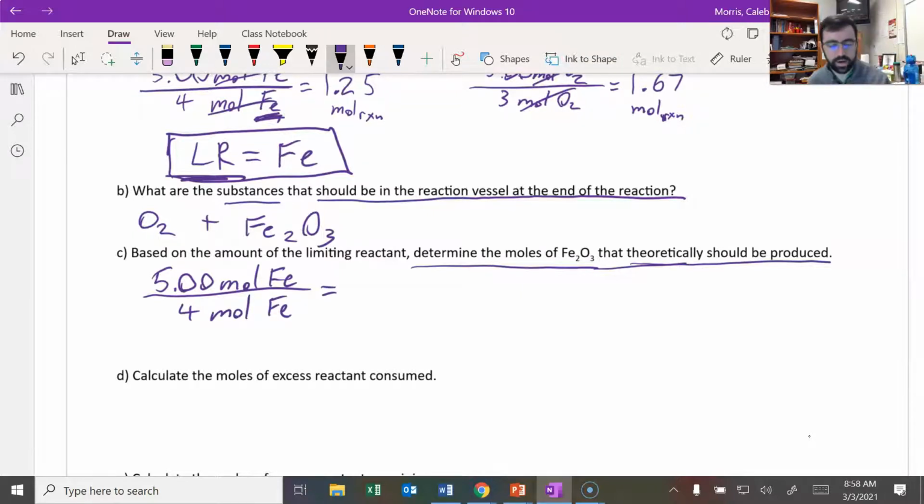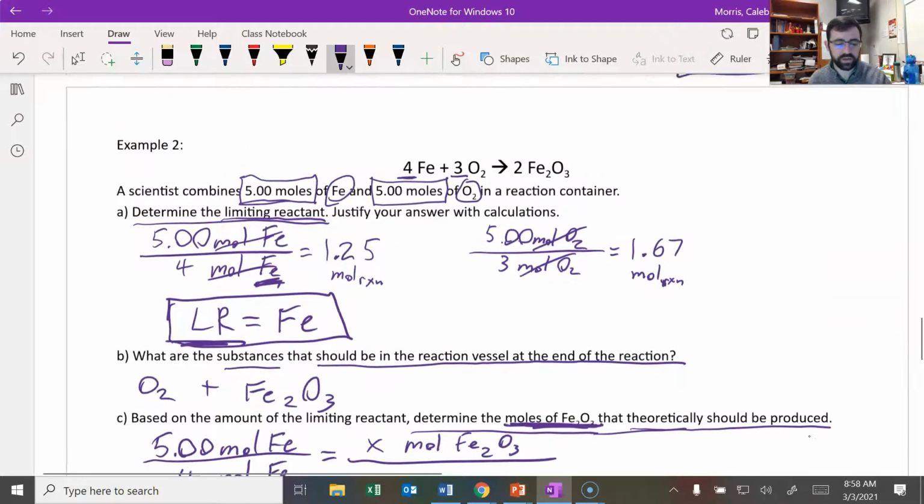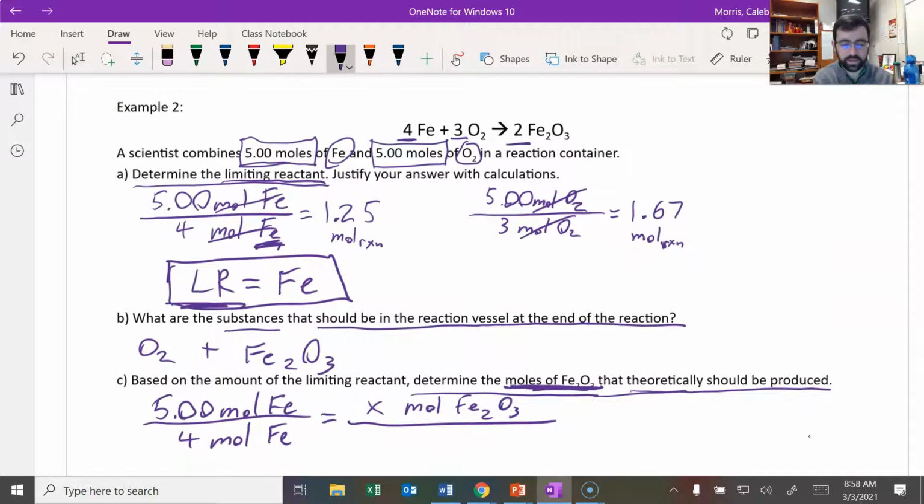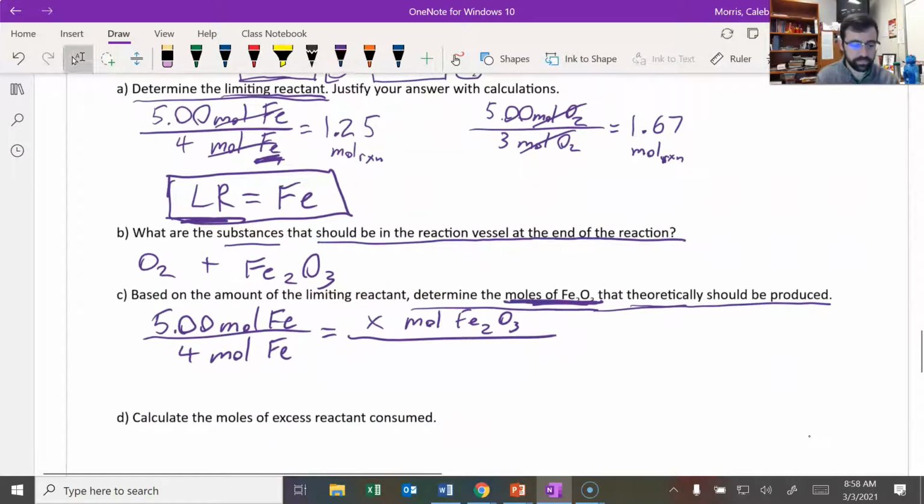Set that equal to what I'm looking for. I'm looking for X moles of Fe2O3. What goes on the bottom? We have to look at our equation and find Fe2O3. 2 moles of Fe2O3 goes on the bottom.